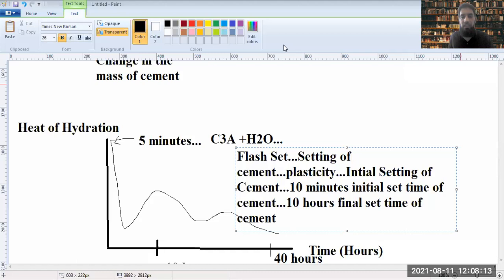Just to explain this to you realistically, अगर मैं आपको explain करूँ ऐसे, within 10 minutes, if you walk on a cement slab you have cast, your feet will go into the cement. Isn't it?